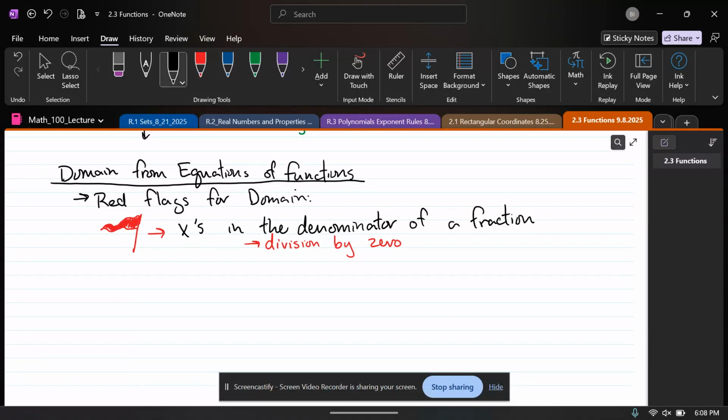An example of that might be something like this, where you had like 3x over x minus 5. That's an example of a problem that would have a red flag because of the x minus 5 in the denominator. The 3x in the top has nothing to do with it. It's just part of the problem. The red flag comes from the x in the denominator. That's an example of a problem that has that red flag.